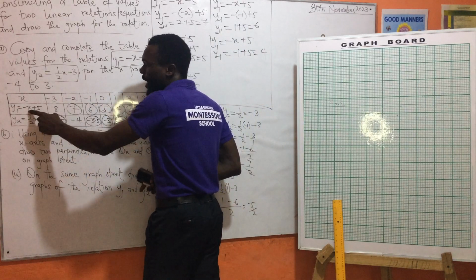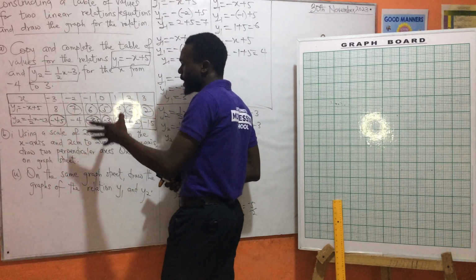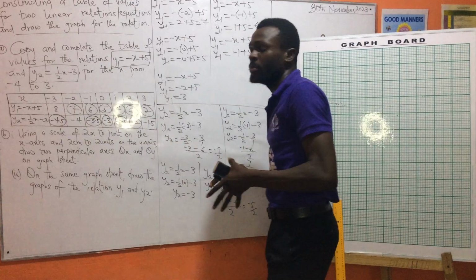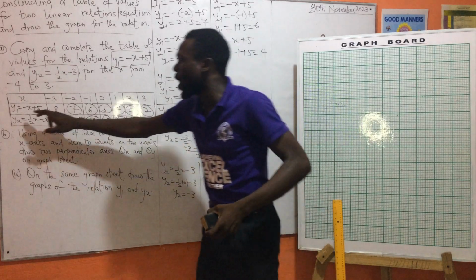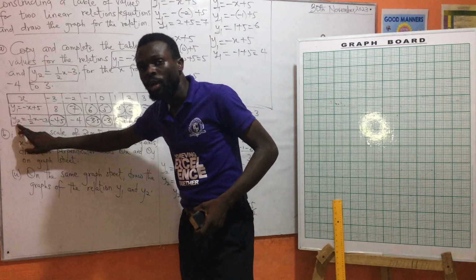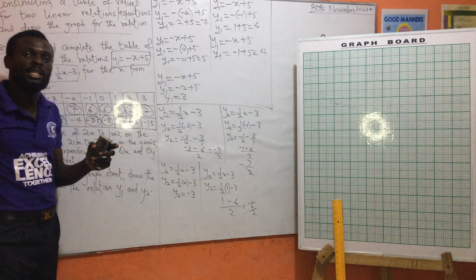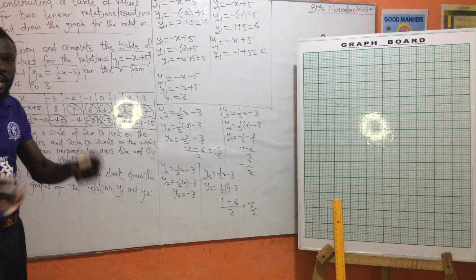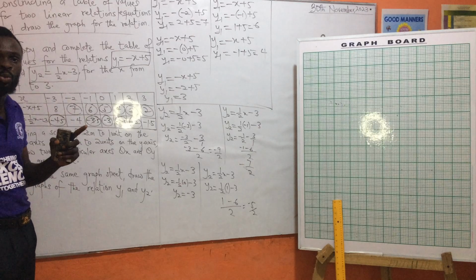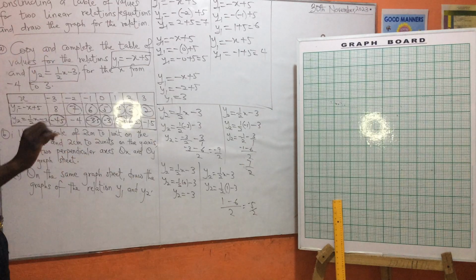So in place of x, we write negative 2, and that gives you the table. So here we have been able to complete the table for y1 and y2. This is done simply by substituting the x values in the given relation, and that will help you get the table completed.